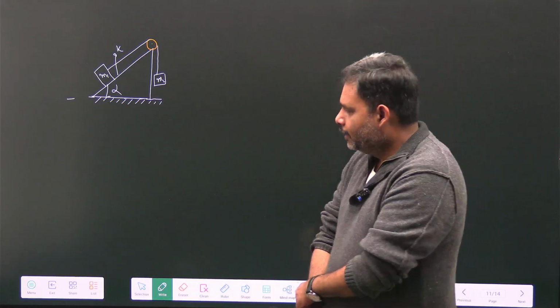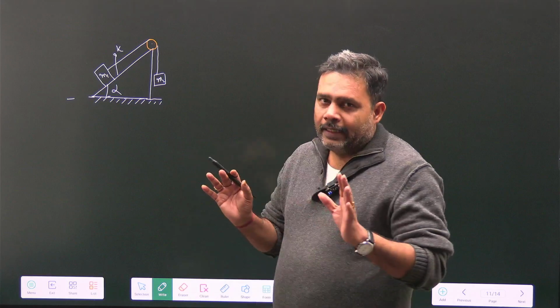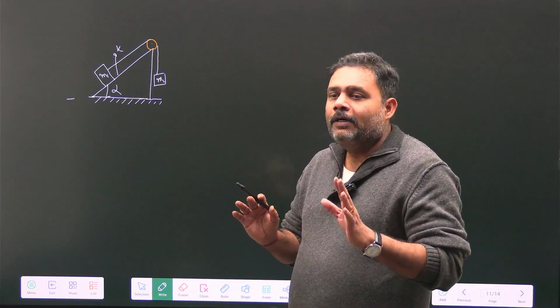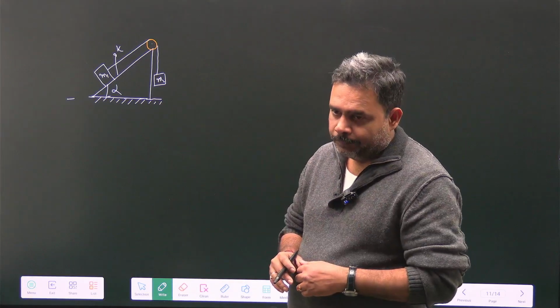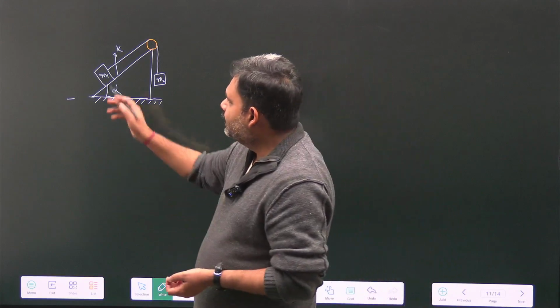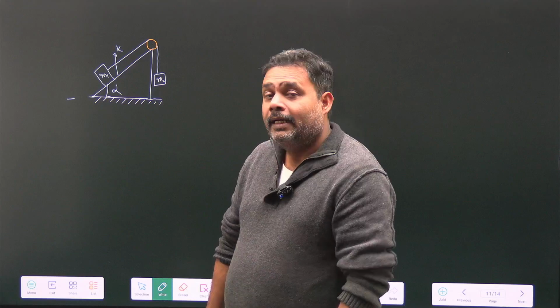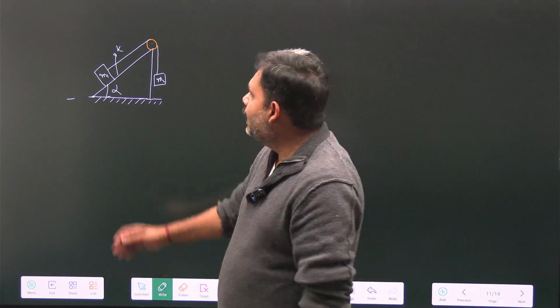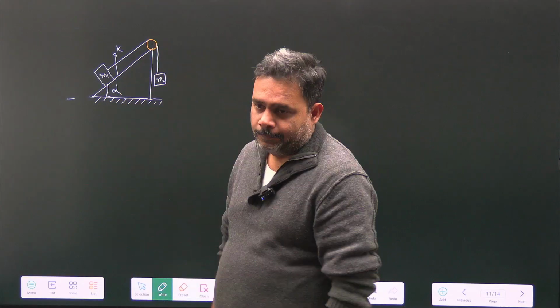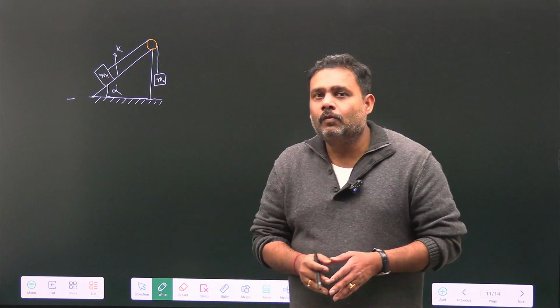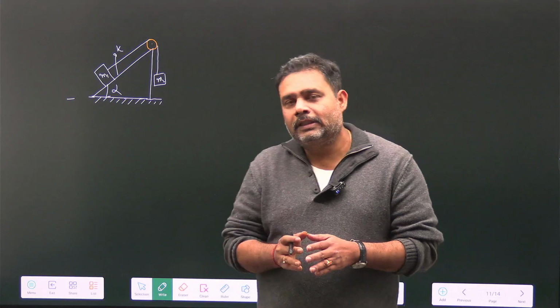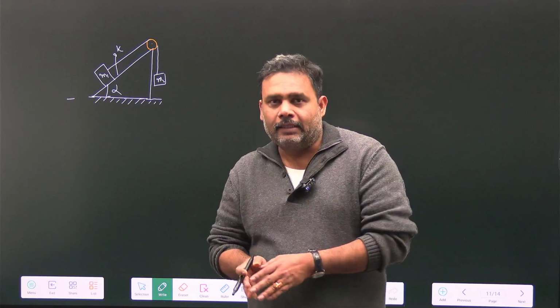So here you can think there may be two possible motions. One possible motion is m1 can go downward. This is case one. And the second possible motion is m1 can go upward. So we just have to make a provision.